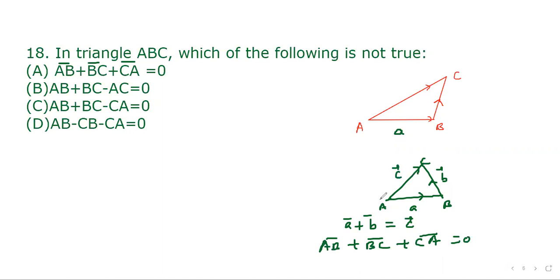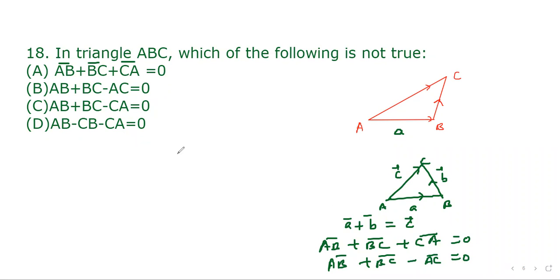Now, if we change this CA to AC, it will become AB plus BC minus AC equal to 0.